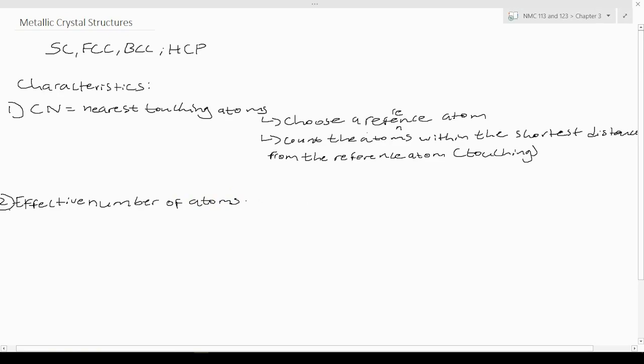This constitutes the total number of atoms within a unit cell.